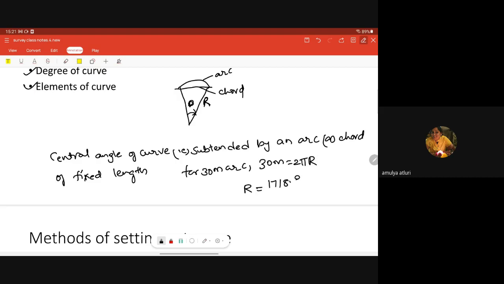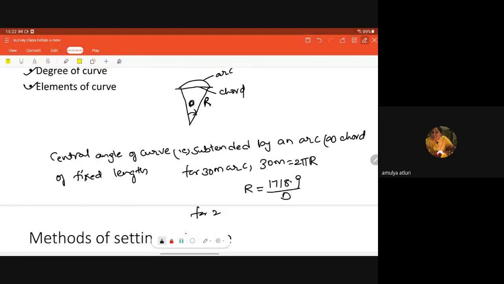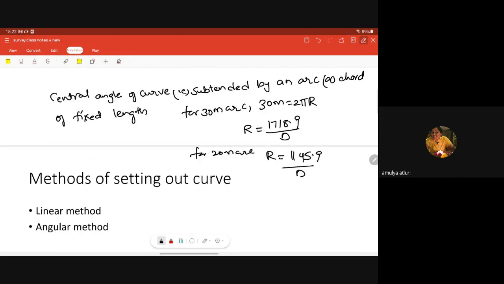It is R equal to 1718.9 divided by D. For a 20-meter arc, the relation between R and D is R equal to 1145.9 divided by D. Got it?